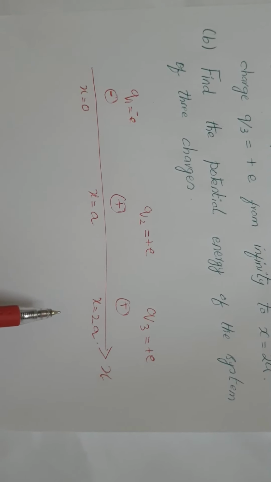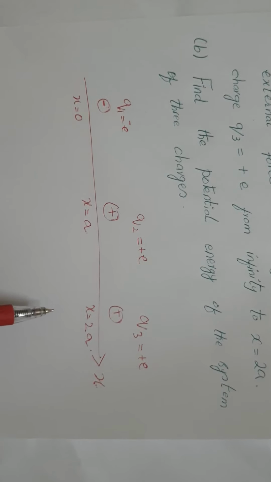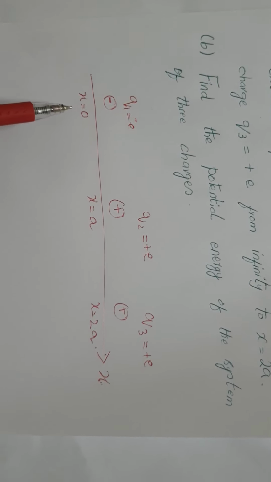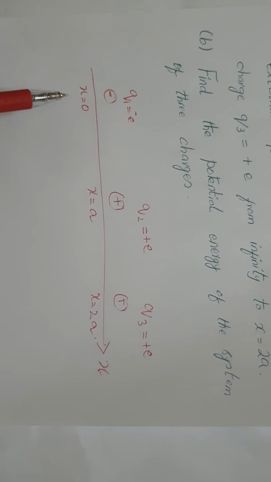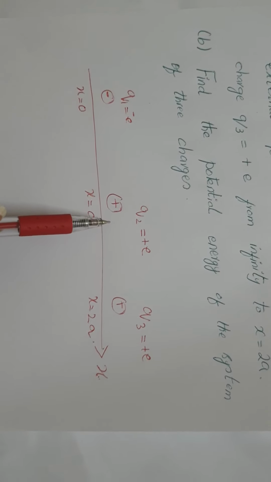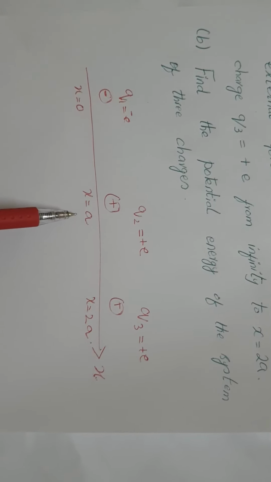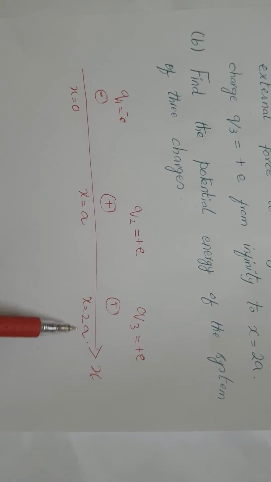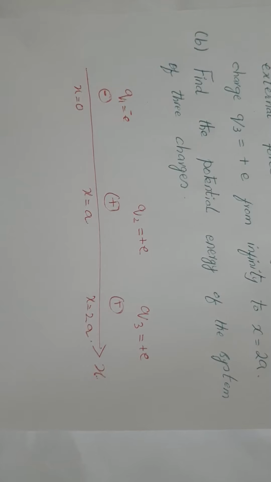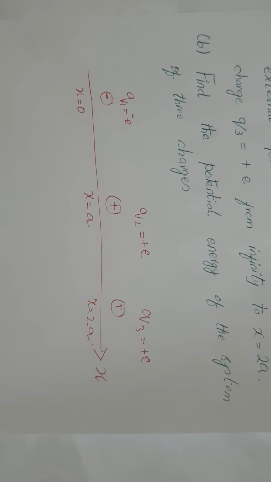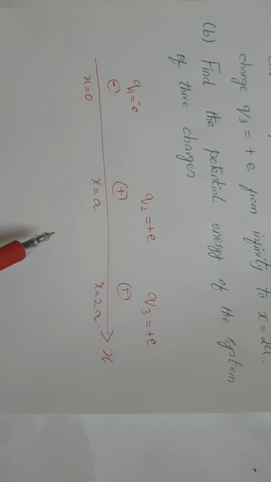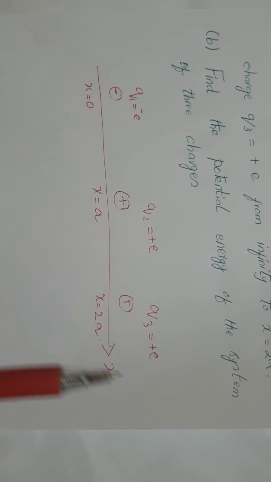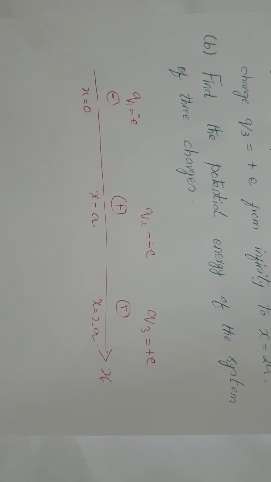The first charge Q1 is negative and placed at the origin, x is equal to 0. Similarly, the charge Q2 is placed at position x is equal to a. Q3 is placed at position x is equal to 2a. So in order to calculate the work required to bring Q3 from infinity, we will use the following equation.